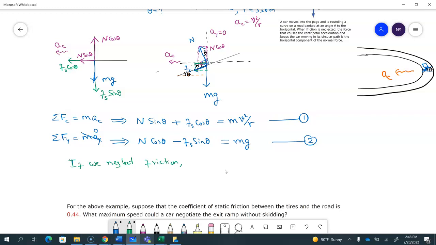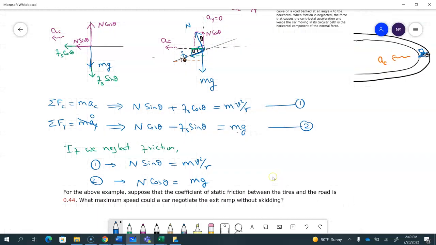So then your first equation is going to be n sine theta is equal to mv squared over r, and your second equation is going to be n cosine theta is equal to mg. Right? I'm just neglecting these two terms here. So if I do that, I'm looking for theta. I don't want n in my equations. So it's very tempting to just divide one equation by the other.